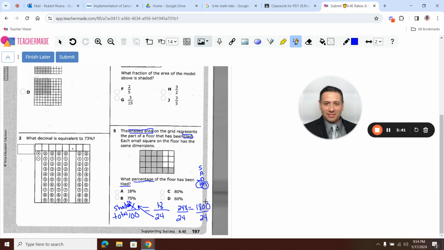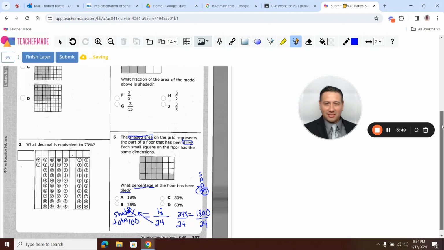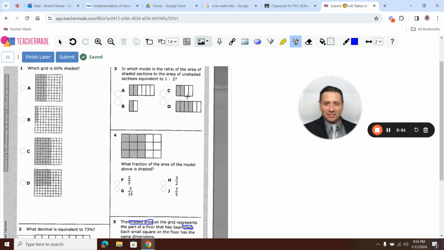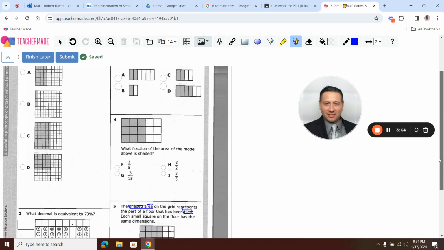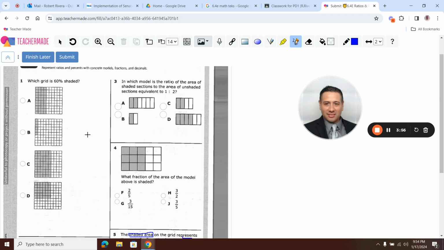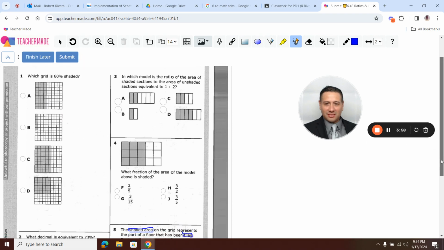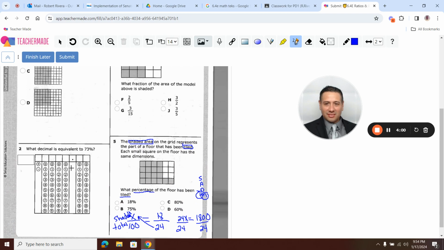And you'll finish it off by yourself. I recommend that you do this process with this one, and make sure you read with this one. And you could actually even do it with this one if you wanted to. This one, you should know how to do it. We're going from percent back to decimal.